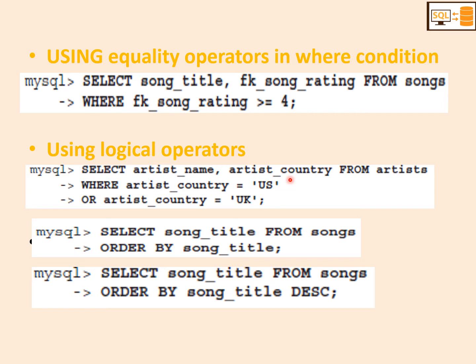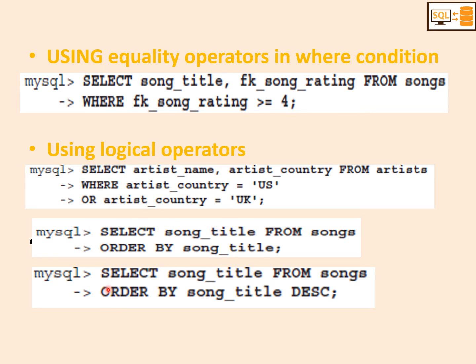Order by is a clause used for arranging the data in an increasing or decreasing manner. By default it is from A to Z or 1 to 10, likewise 1 to 100, in increasing order. So the song titles will be extracted from the songs table in ascending order.